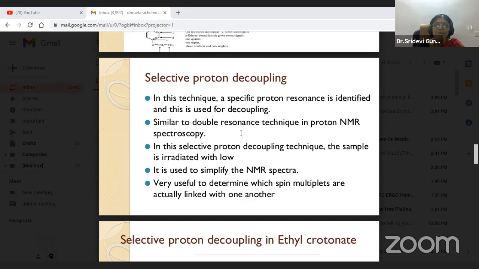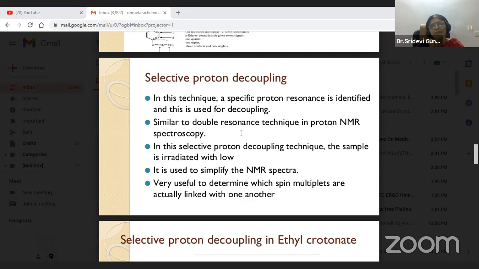If you irradiate the CH2 protons, the CH3 will not be able to see the CH2 protons in different spin environments. Therefore, the CH3 signal will be converted to a singlet. So that is double resonance. We don't actually use double resonance for methyl ethyl ether, but I have taken that simple example just to explain.